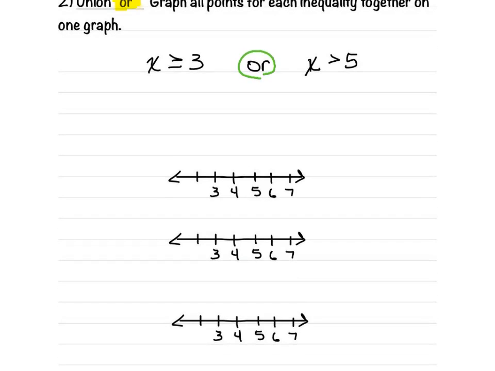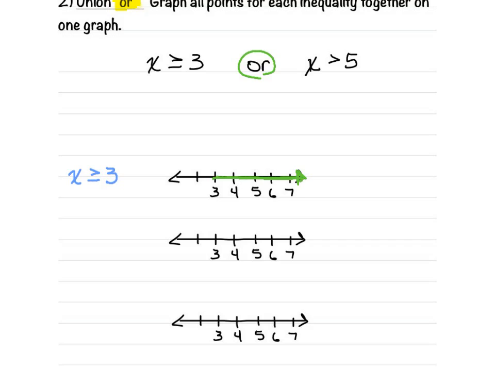To demonstrate how this works, I'm going to graph each one separately, and then I'll graph the compound inequality last. If I graph x is greater than or equal to 3, I would have a closed circle over the 3, and everything to the right is shaded.